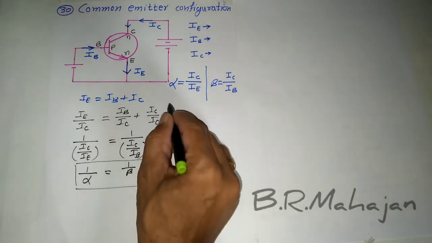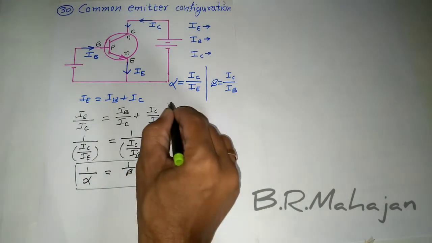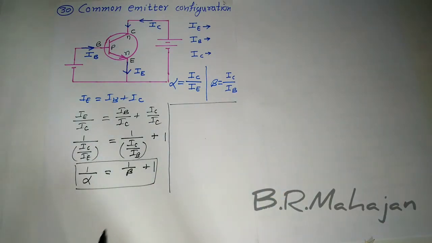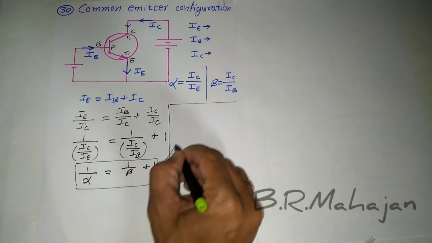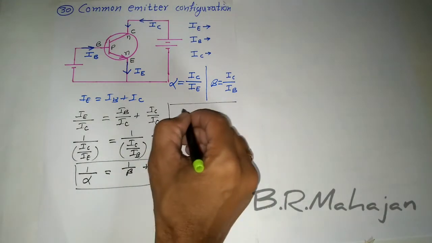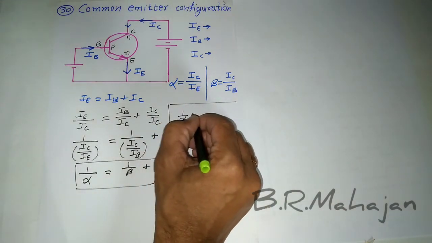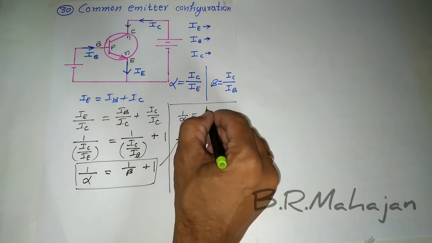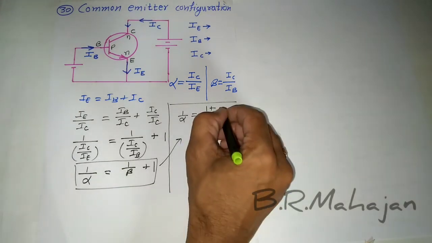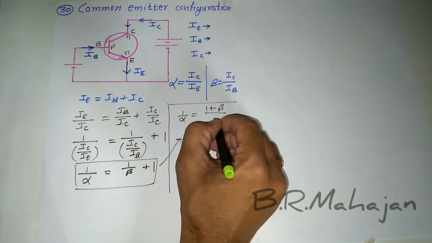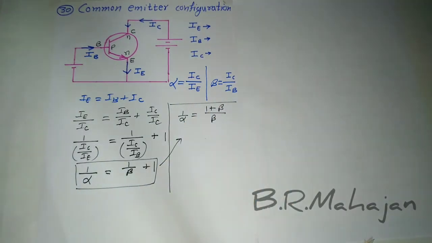But will there be any alternative option as well? Let's check that. I am multiplying this beta to this one so that it comes out to be this. I am trying to shift this part to this side. 1 upon alpha is equal to 1 plus beta upon beta.